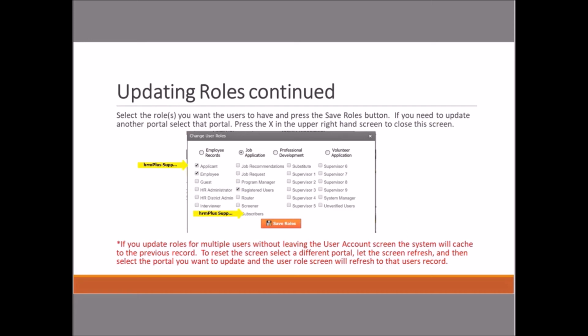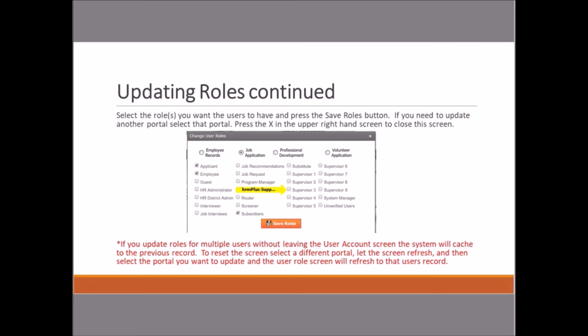So maybe I wanted to make them someone that's going to be able to put in job requests for classified people and hire classified people. So I would come in here and say, okay, I want them to be able to do job requests. And my classified is supervisor 3.